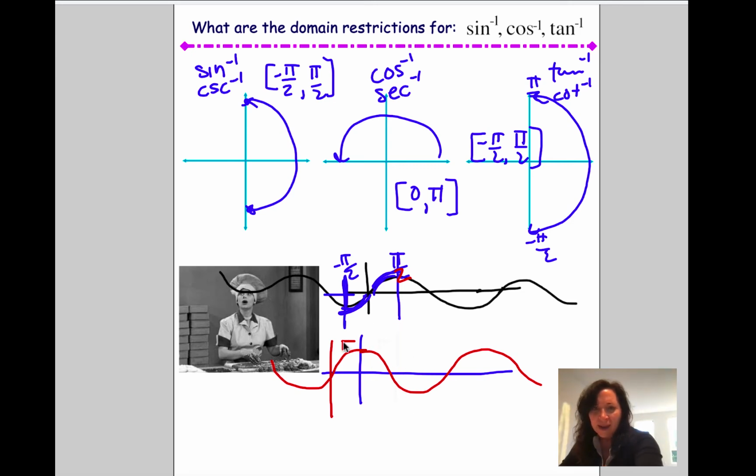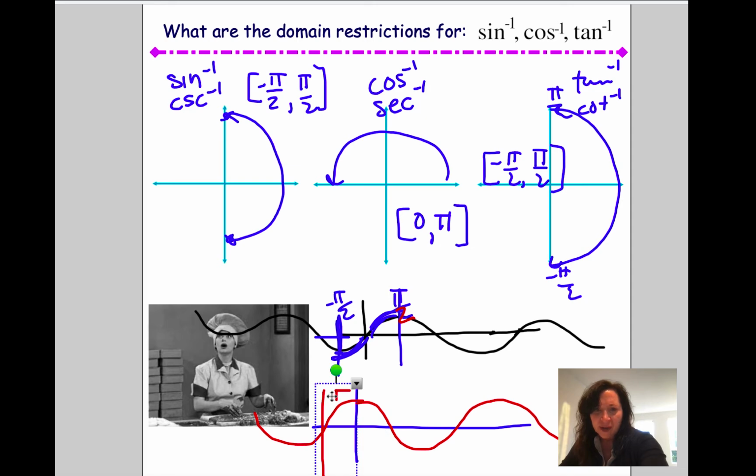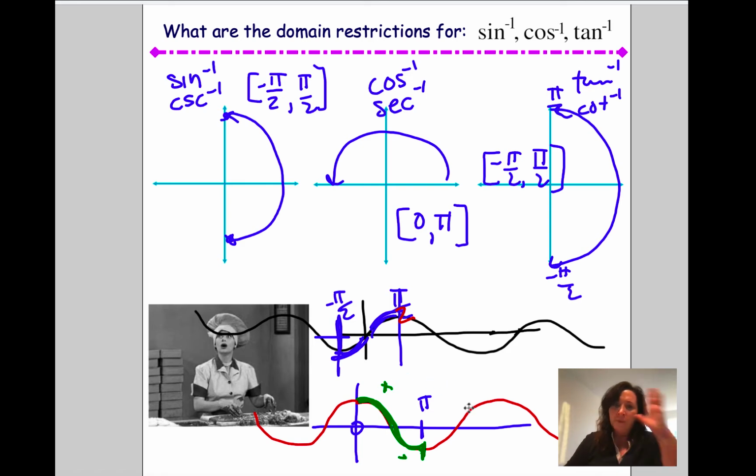So what's going to happen here is that we need to take into account both. That would mean if I went from 0 to pi, realistically, I would have all of these values from here to here. That's what that's doing, it's saying, here are my negative values, here are my positive values, I'm represented.